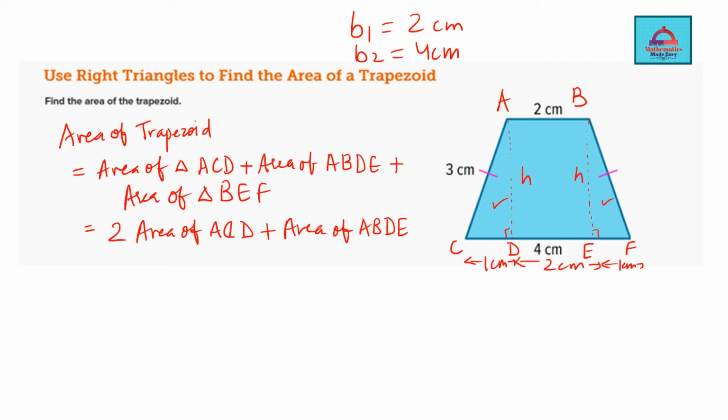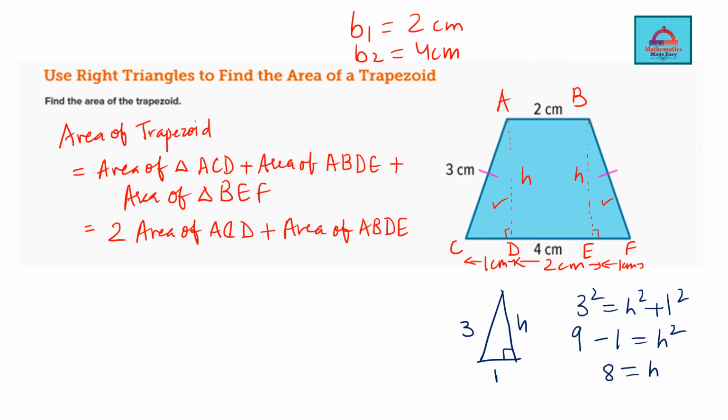Okay, now let's find this height. For this height, I need the right triangle, I need Pythagoras theorem. So this is the triangle. I'm going to draw a rough diagram here: 3, 1, H. So we can use 90 degrees, we can use Pythagoras theorem. So 3 square is H square plus 1 square. So this is 9 minus 1 equal to H square.